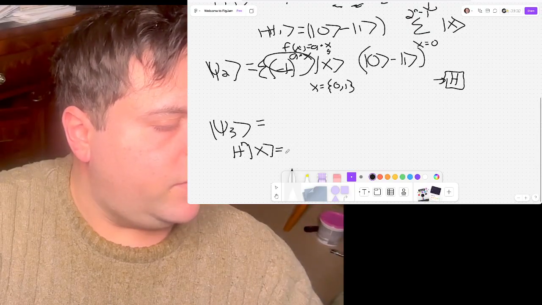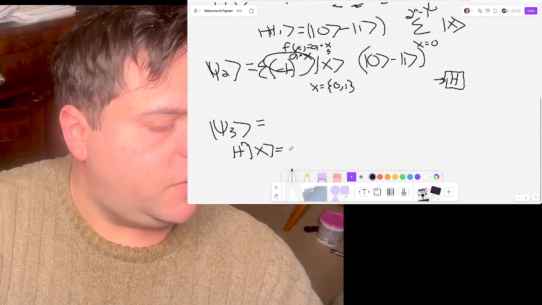Okay, I've written this out. A Hadamard gate acting on a general n-bit system here.